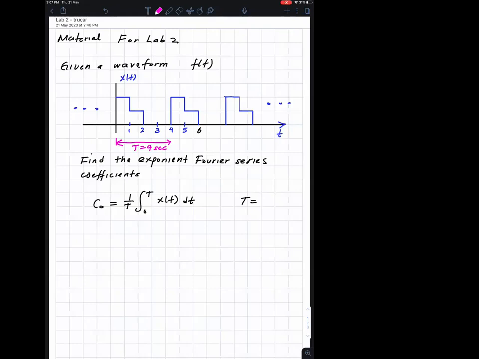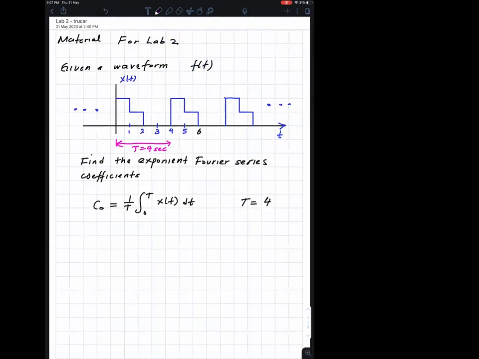So that's the period. In the exam, you have to show all these things. Therefore, omega is going to be 2 pi over the period.